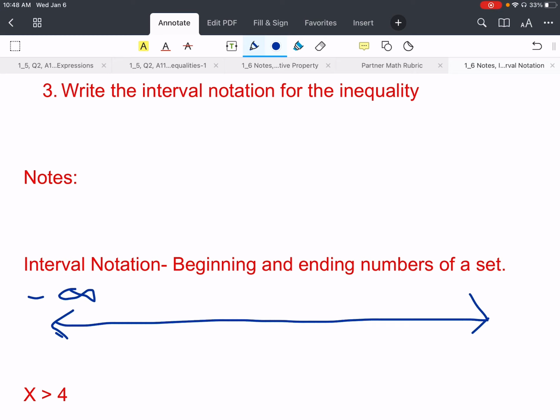And then we go through all of the negative numbers. 0 would be somewhere in the middle, and at the far right would be positive infinity. Of course, you can never draw a number line that's actually that big because infinity goes on forever. So instead of writing out a number line that goes on forever, we use interval notation.